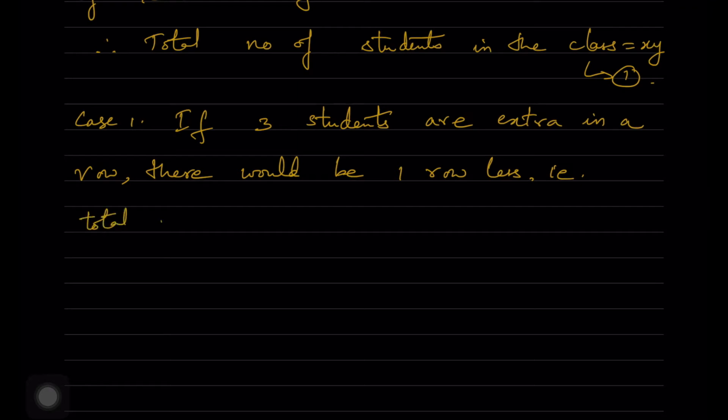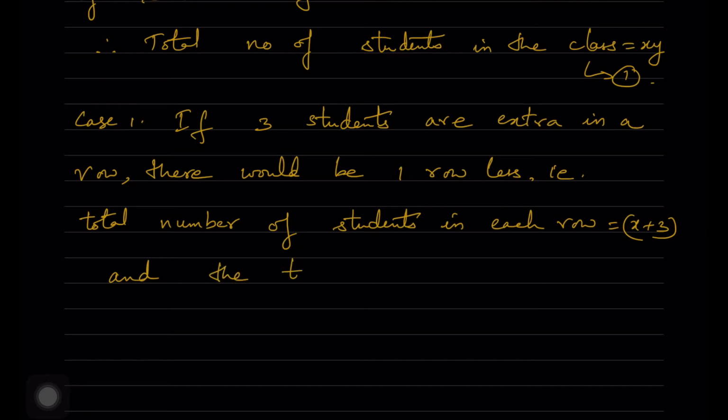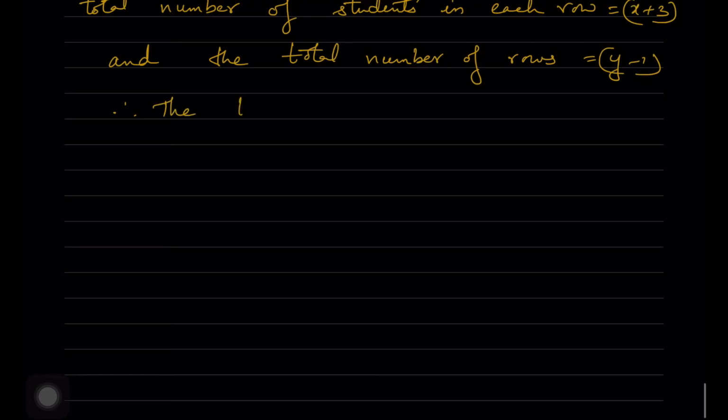Because we are increasing x by 3 and decreasing y by 1, we get x plus 3 into y minus 1. So total number of students in the class is x plus 3 into y minus 1. We take that as equation 2.